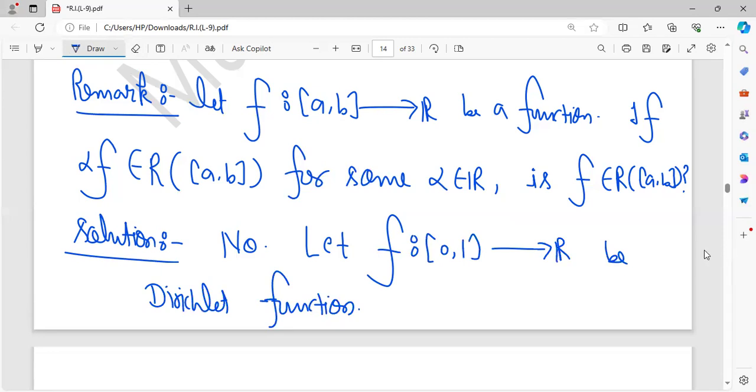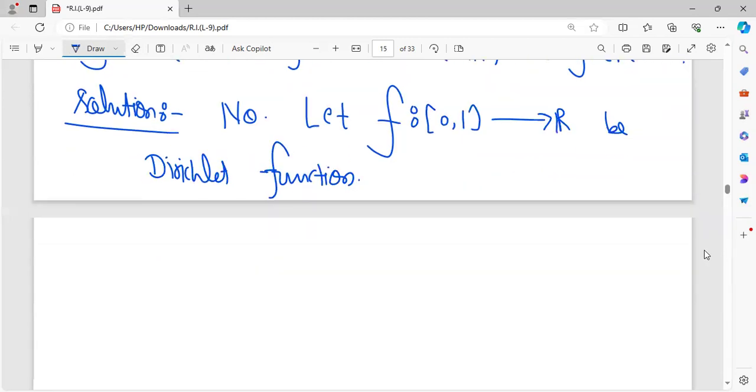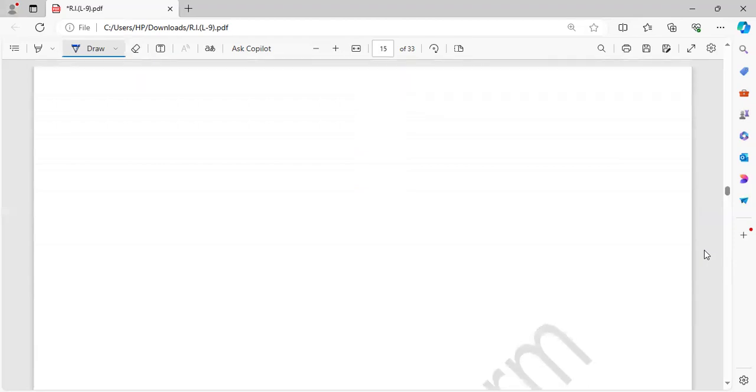How is it defined on the closed interval [0,1]?